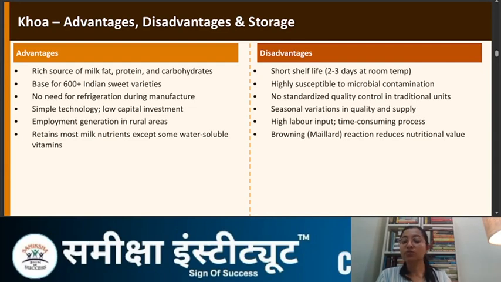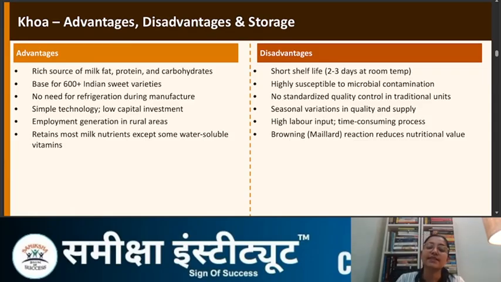You already know that microbial contamination will depend on the availability of moisture, suitable temperature, and nutritive content. As and when the quantity of nutrient increases, the susceptibility to microbial contamination also increases. A product which has high moisture content will be highly susceptible to microbial contamination.